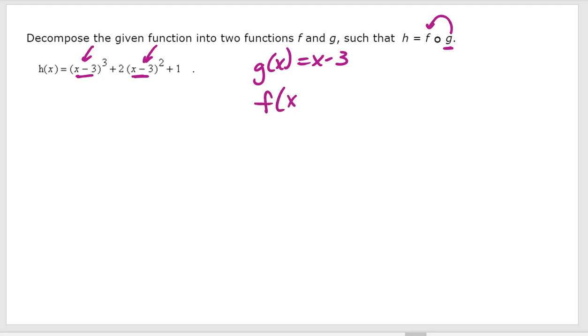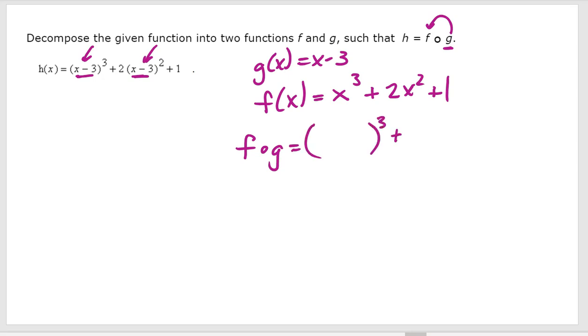So I can make f of x equal to x cubed plus 2x squared plus 1. Because everywhere we have f composed with g, I'll be putting the g in place of the x. And you can see that will be what I get. And so this is one possibility.